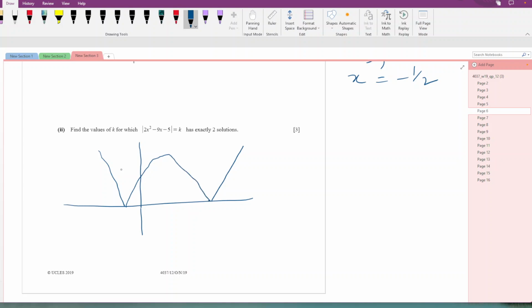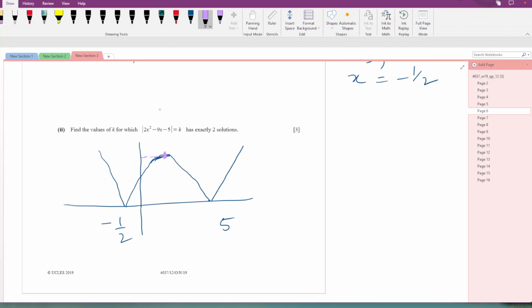This is the graph. And here is minus half, here is 5, and this point is the stationary point.